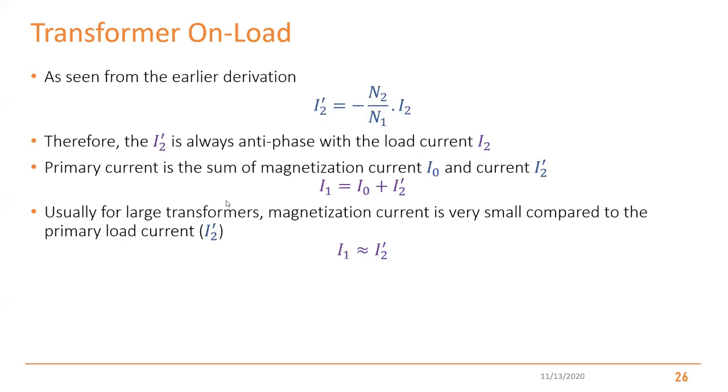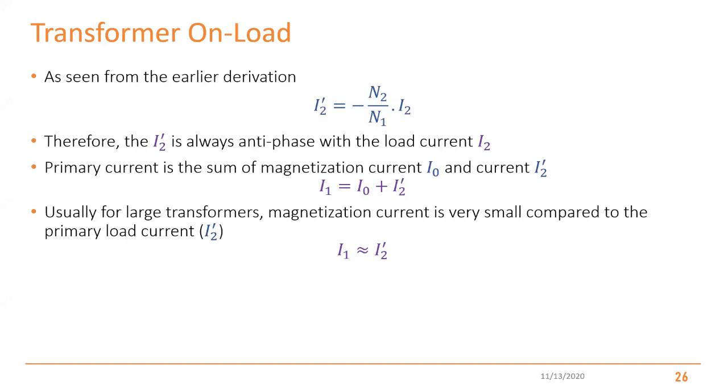Usually for large transformers, this I naught component, if we consider the percentage, is less than 5%. That means the no-load current component is very small compared with the load component I2 dash.